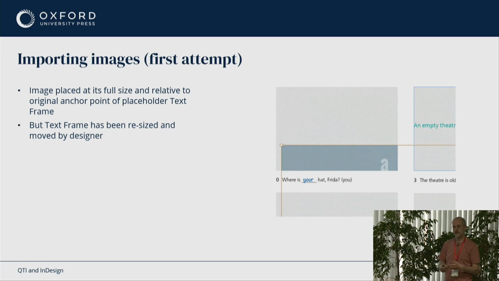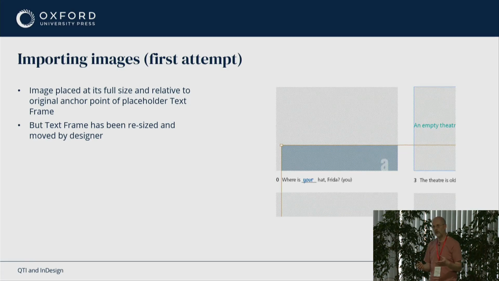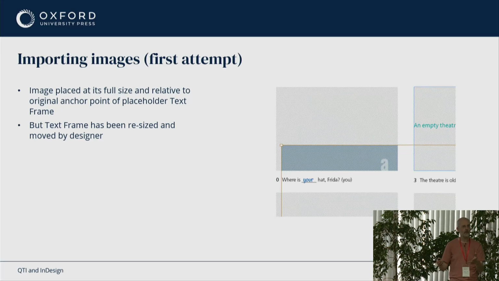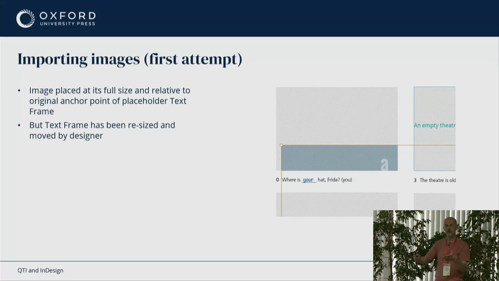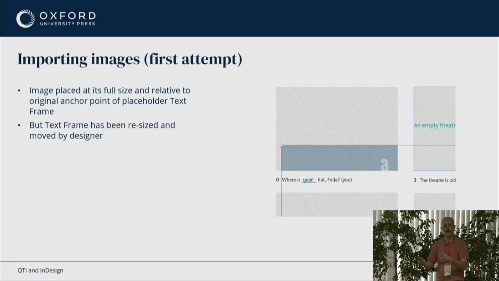What I didn't take account of when I first did the process is that there's basically a big array of numbers in InDesign that tell you how to do the image. If you don't do anything specific to the image, it'll just plonk it on the page at its original size at a location that is relative to the original size of the text frame.